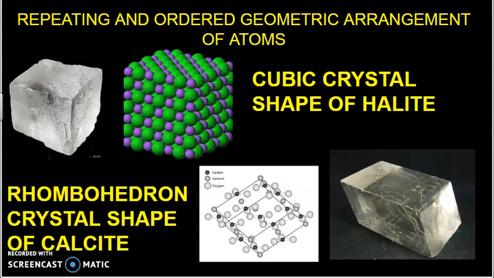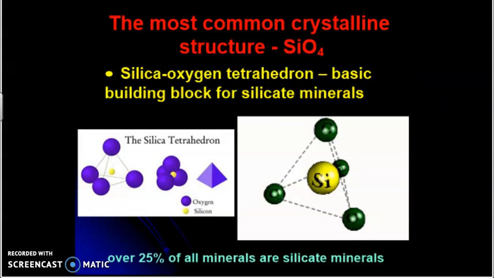On the back cover of your ESRT is the mineral page. Under distinguishing characteristics, it gives you a lot of the minerals' crystal shapes. As I said earlier, the most common crystalline structure is the silicon-oxygen tetrahedron, because that is the most common elements on Earth's crust.